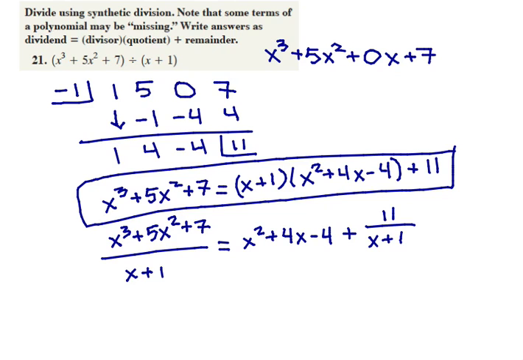Okay? All right, and then the very last one we're going to have today is going to be doing long division with something not linear. So let's take a look at number 32, I believe.